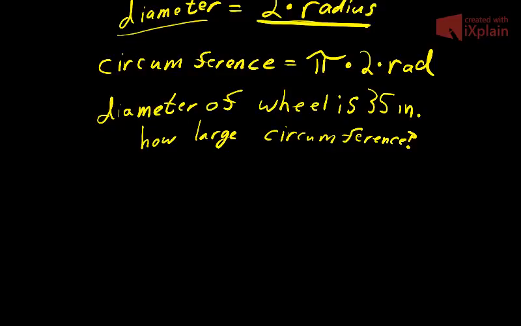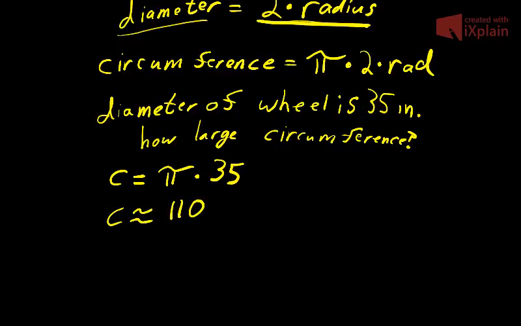My diameter is 35, so circumference equals pi times 35. If I solve that out, I get that C is right about 110 inches.